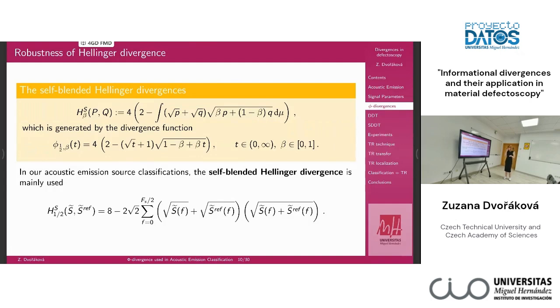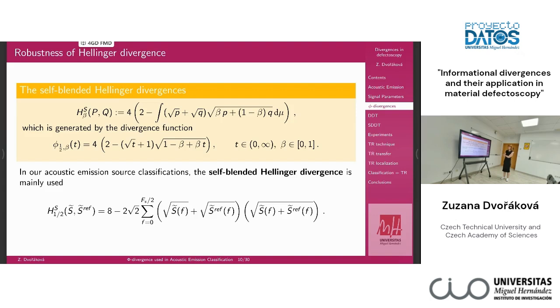So for our application, we mainly use the so-called Hellinger divergence, and a special self-blended version of this divergence, which has this form, where beta is the parameter of blending, and we use the value of beta equal to 1/2 in order to have a symmetry in the divergence.